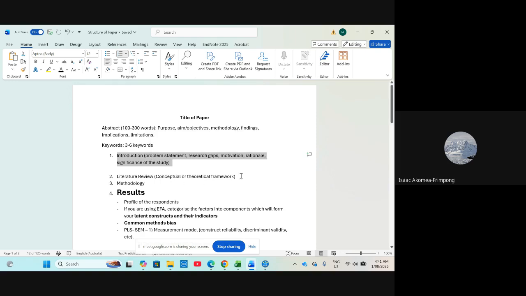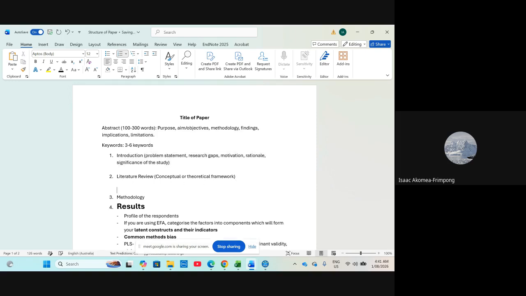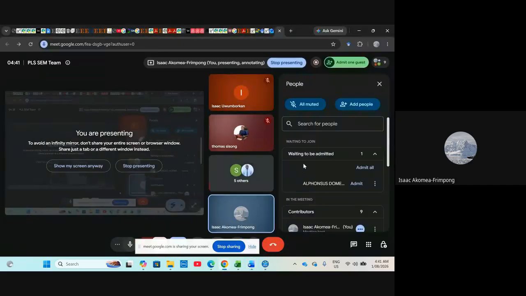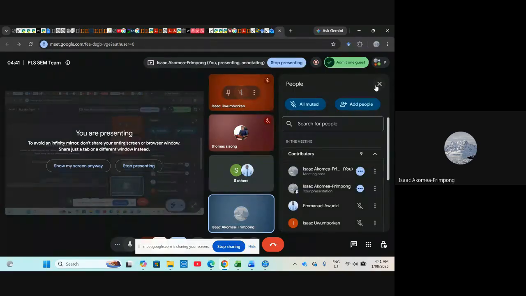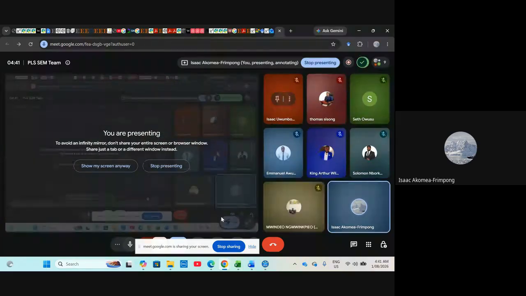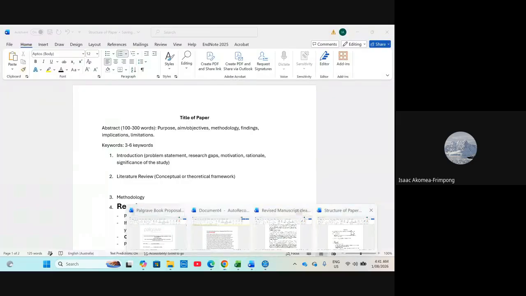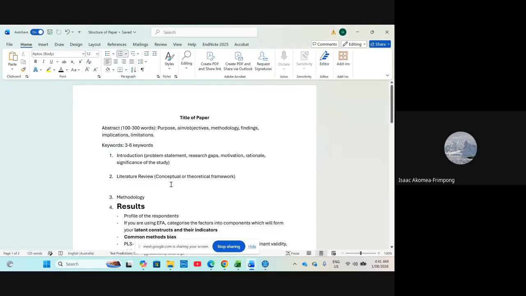Now you come to the literature review. I'll use the term literature review because it depends on the paper that you are developing. In some studies, the literature review is separated from the conceptual framework. Some studies will say literature review, and some will say conceptual framework.